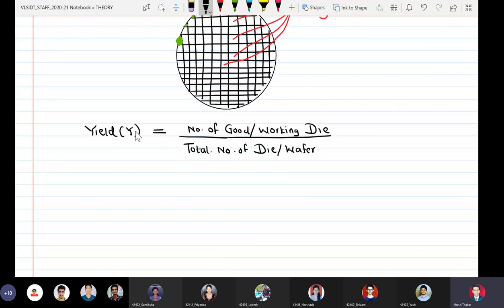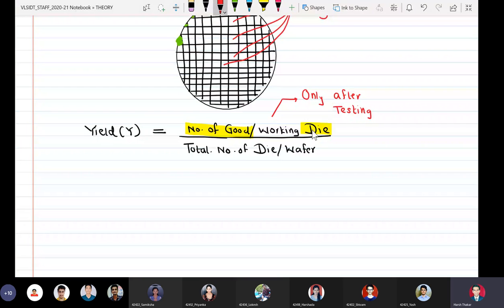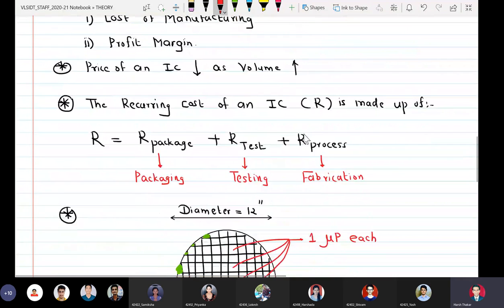This value of yield can be calculated only after testing. This particular parameter, number of good die, can come only after testing. So if you want to calculate the yield of a wafer, we need to test the individual chips. It's very important.